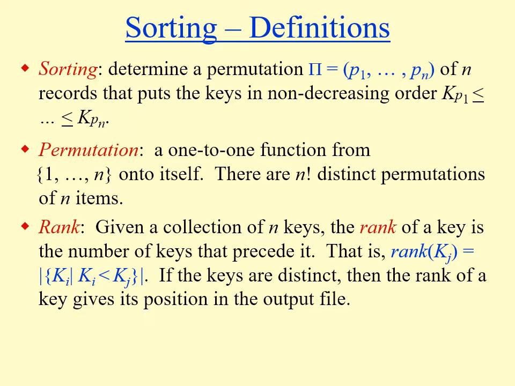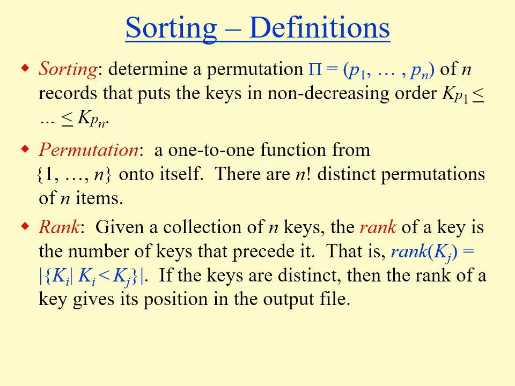So how many keys are less than Kj? This is the number of elements in this set. So that's the rank. If the keys are distinct, then the rank of a key gives its position in the output file. Okay, could you think about a ranking algorithm or sorting algorithm based on this idea?